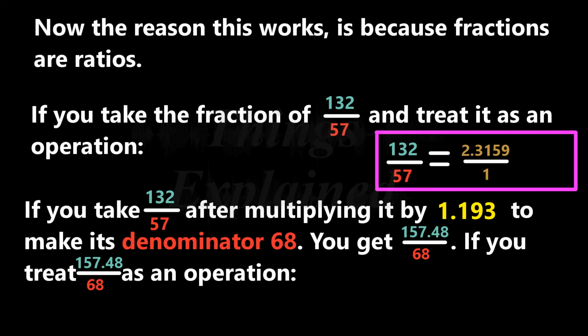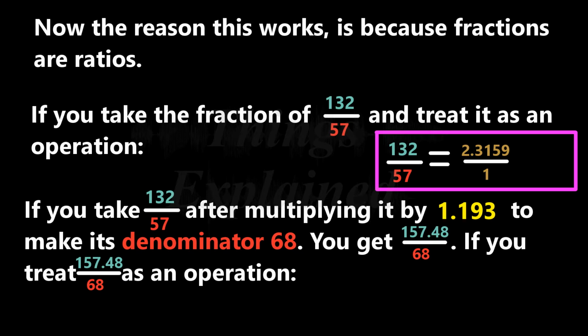If you take the fraction 132 over 57 after multiplying it by 1.193 to make its denominator 68, you get the fraction 157.48 over 68.